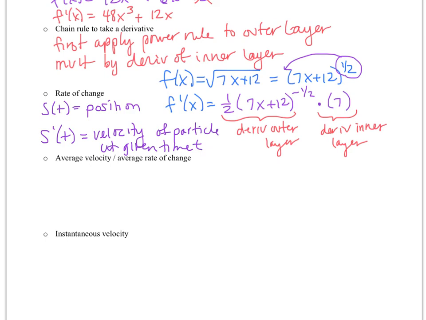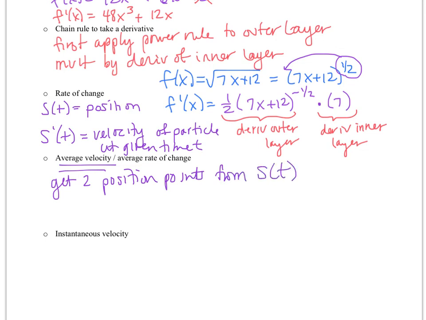Now we talked about the difference between average velocity and instantaneous velocity. For average velocity, what we are going to do is we will get 2 position points from our position equation s of t. Then once we have those 2 points, then we will find the slope between them.